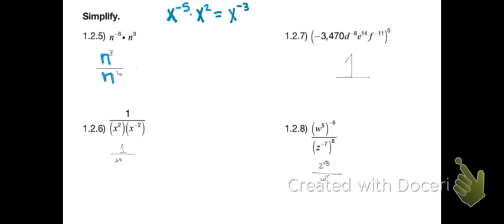And then again, remember, if there's a negative exponent, you want to get rid of that and move it down to the denominator if it's already up in the numerator. So it would be 1 over x to the third. I could have done it the way that you did. I could have first switched it and said, I'm going to move this down to the denominator and this stays in the numerator.